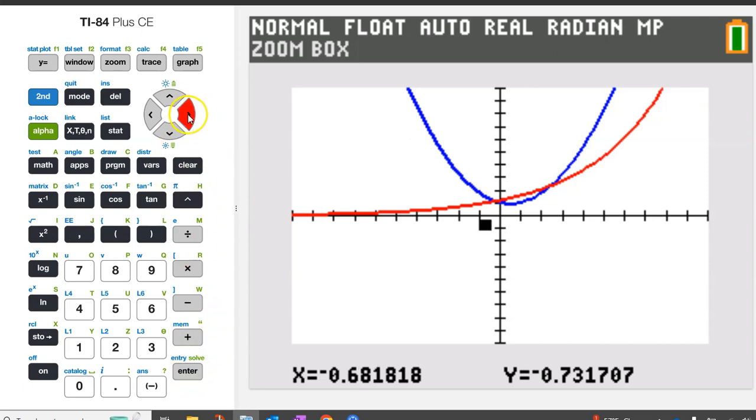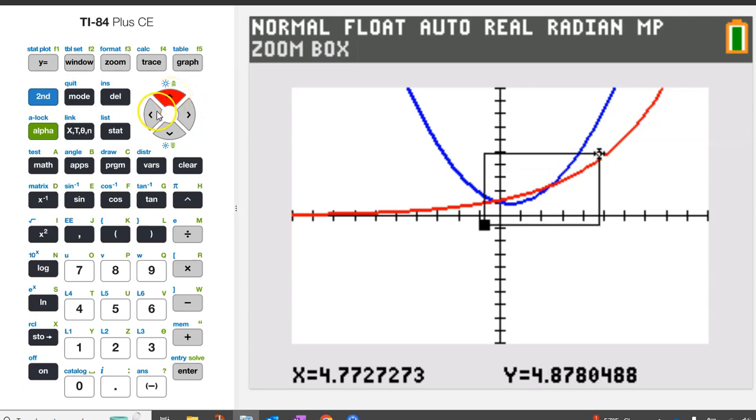And then move your pointer to the upper right of where all the action is. You'll notice as you move your pointer around, it's showing you exactly what that window is going to be. So you can really turn this into just a perfect window to see what you need to see. Once you have the window exactly how you want it, hit enter.